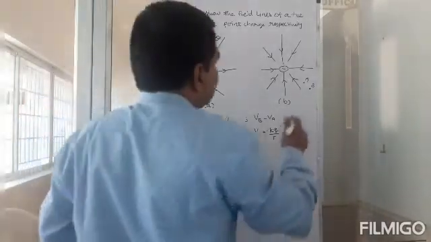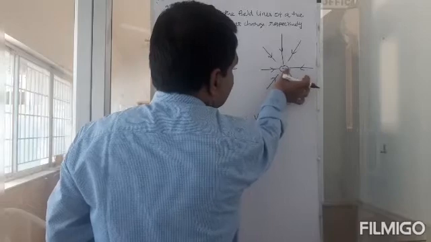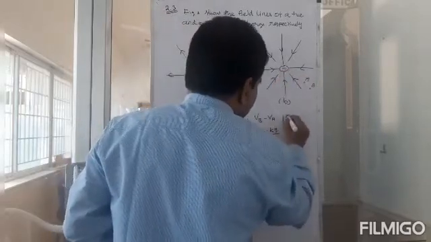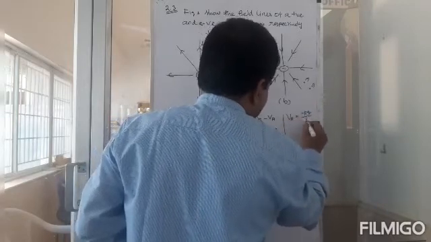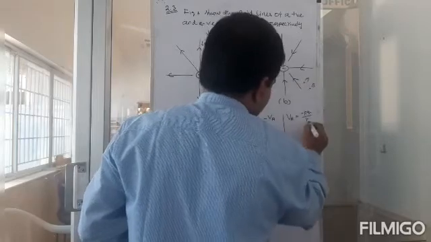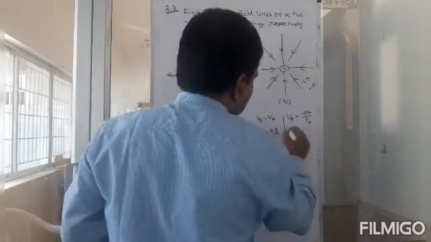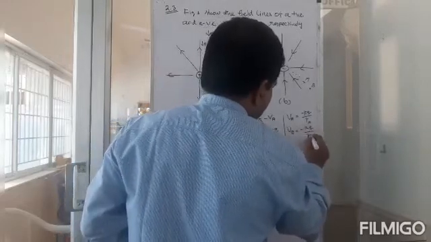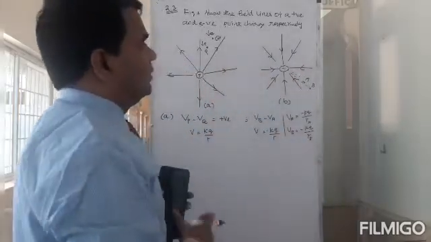So you see, this distance R, let's say, I'll do it here. VA is going to be equal to minus KQ by RA. And then VB is minus KQ by RB, from here to this RB.